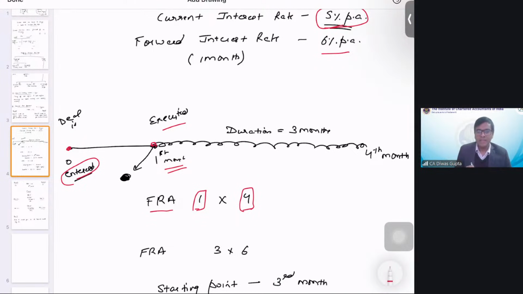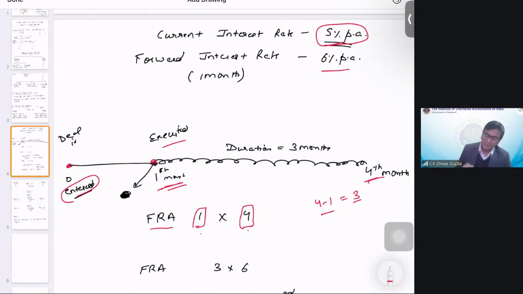And the duration will be calculated as 4 minus 1 is equal to 3, which is 3 months. So that will be your duration. This is what we have depicted here. First month it will start, fourth month it will end, and hence the duration will be 3 months.